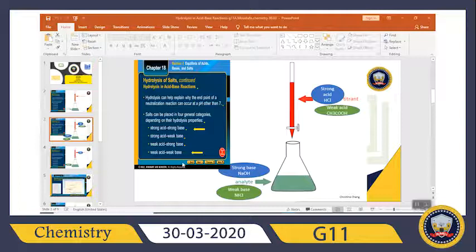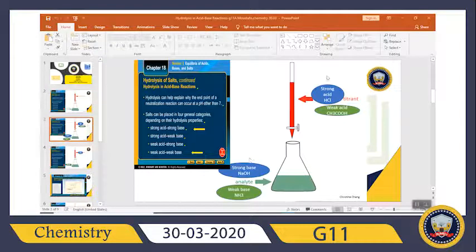And as I mentioned before, the acid-base reaction between strong acid, strong base, and weak acid, weak base, as mentioned here in the color, this reaction is between strong base NaOH and strong acid HCl, or reaction between weak base ammonia solution NH3 and weak acid acetic acid CH3COOH.